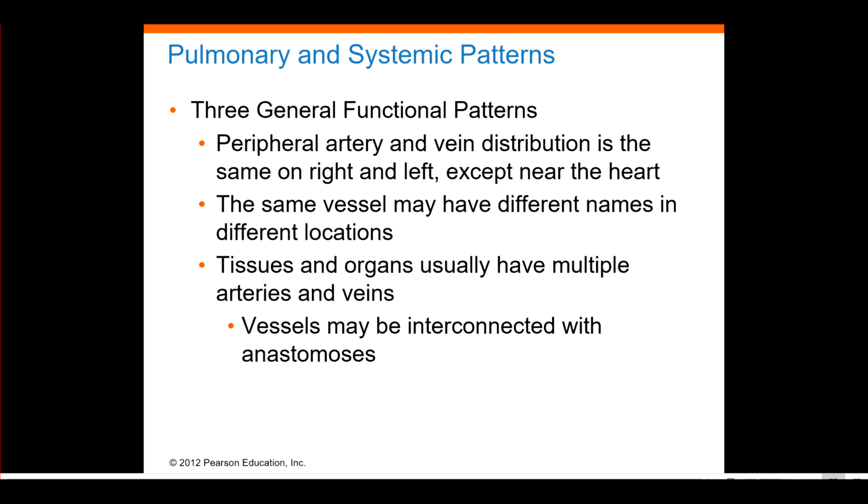All of your arteries and veins in your left upper limb are the same as your right upper limb. The only place that we see differences is near the heart. There are other exceptions, and I'll point them out in other lessons. But you'll see that near the heart, the blood vessels come off asymmetrically, but eventually things divide and become symmetrical.